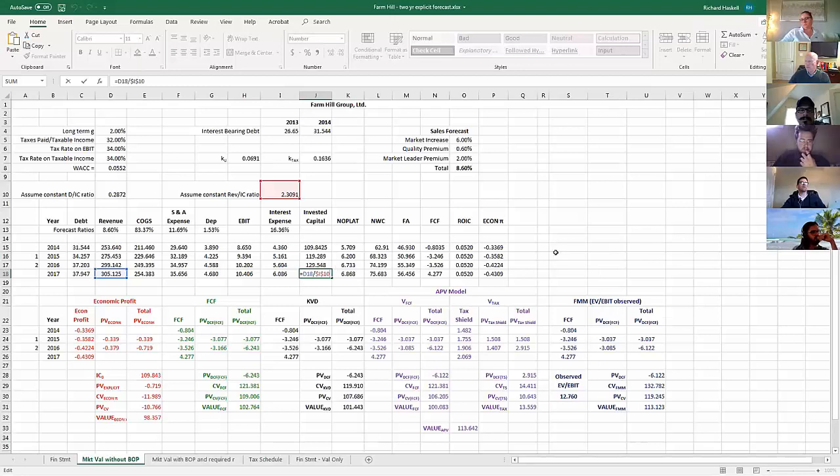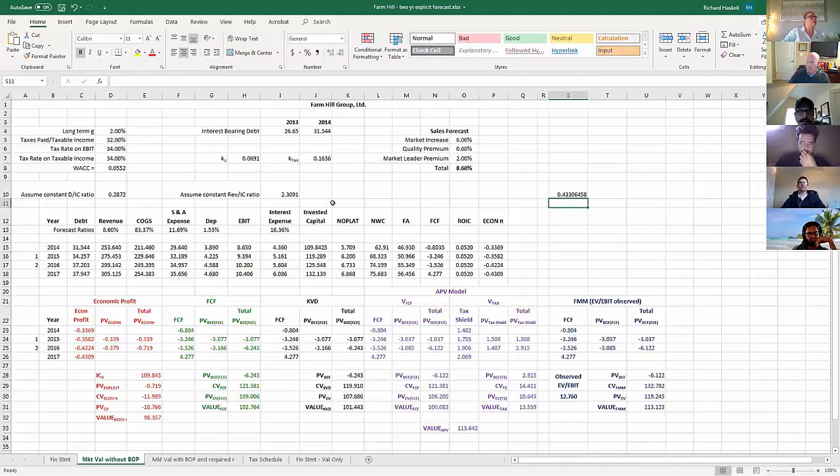Let me go ahead and come over here real quickly and show you how I could have done the exact same thing had it been an invested capital to revenue ratio. I just want to make sure that you're not confused with that. So I can take an invested capital for my base year, divide it by the revenue for my base year, and it gives me this 0.433 number, not the 0.230, because I'm inverting the equation, okay?